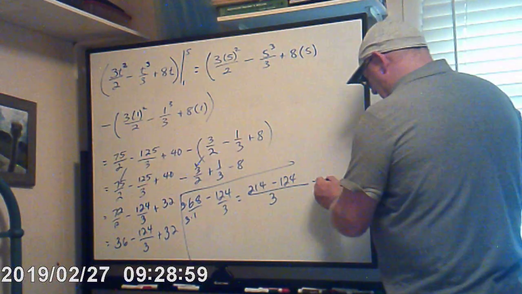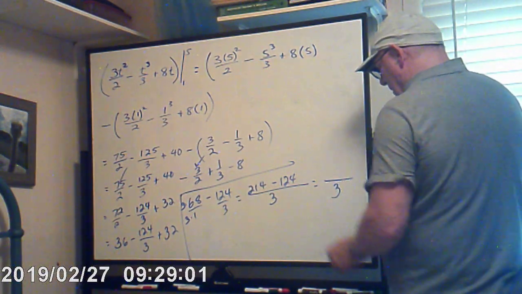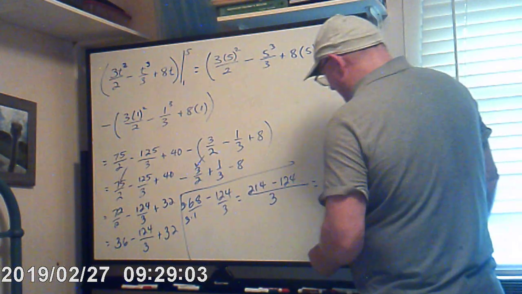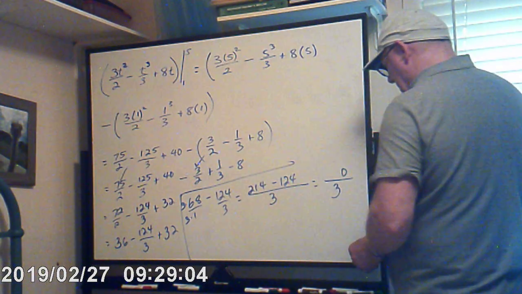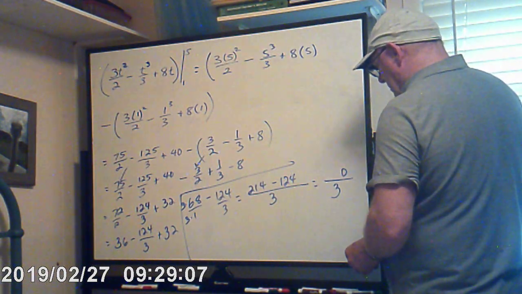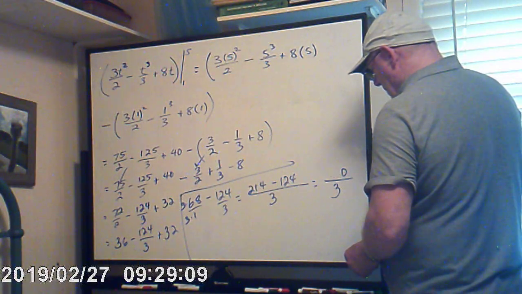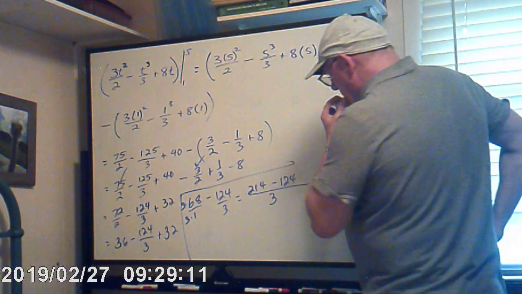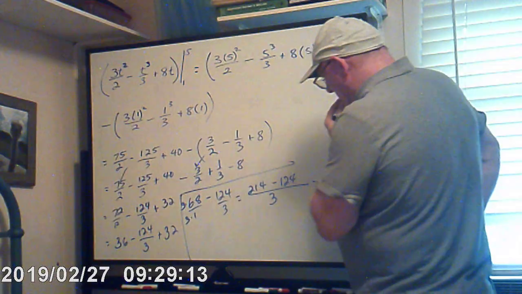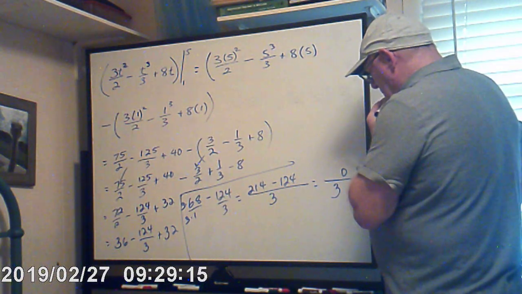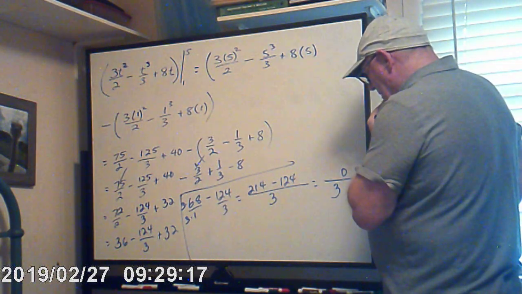Now that's going to get us something over 3. 4 minus 4 is 0. That's looking really good. 11 minus 2. No, it's supposed to be 80, not 90.